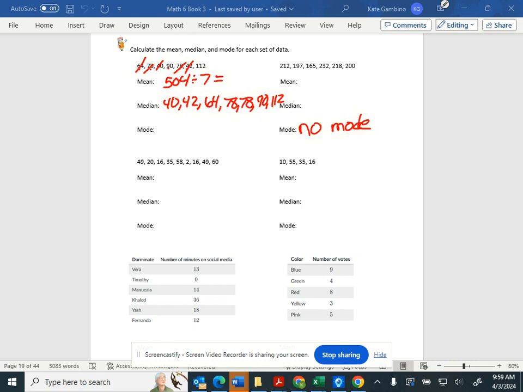The mode is the only one where we can have multiple numbers. So remember what I put up there, and it was 3 and 5 were our modes. You can have multiple modes. Any other questions? These are great questions.